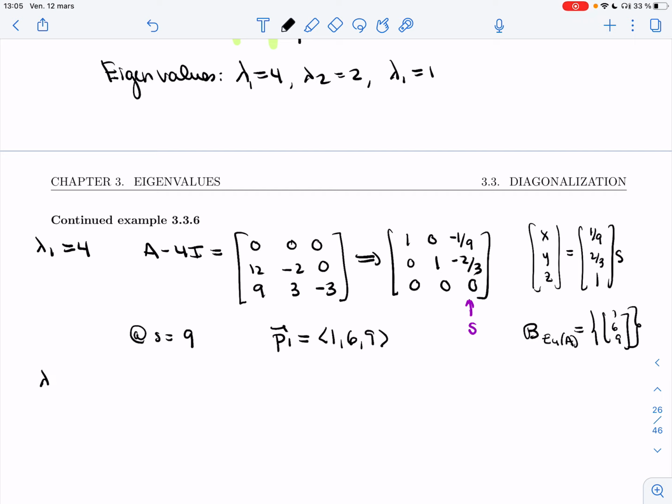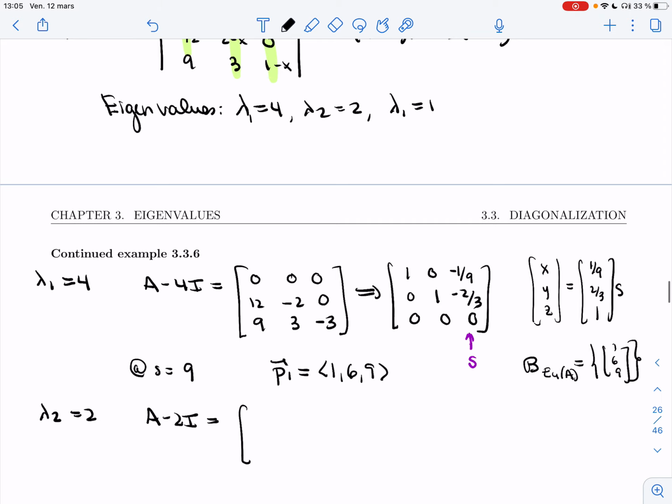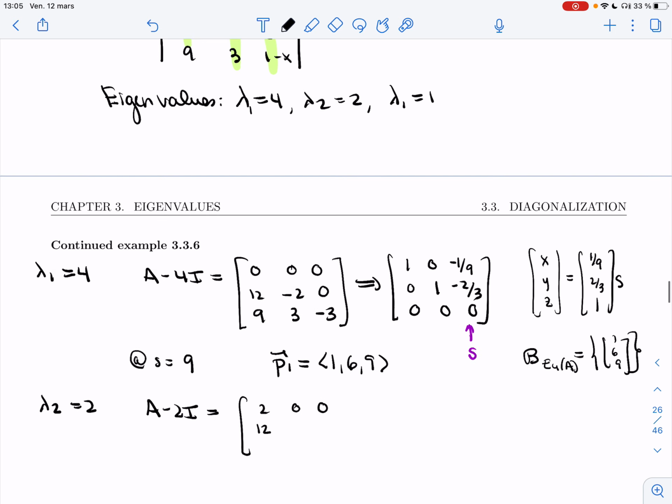All right, second eigenvalue. I have 2, A minus 2I. That would be 2, 0, 0; 12, 0, 0; 9, 3, minus 1. So the first row will reduce to 1, 0, 0, and then I'll get rid of the first column and everything else. And so I'll have a row of zeros, and then the middle one will be 3, minus 1, so 1, minus a third.